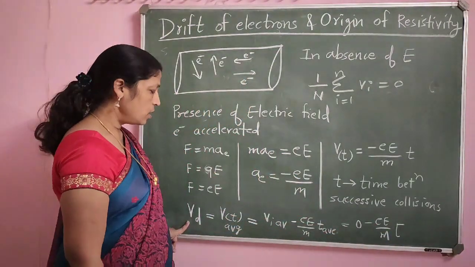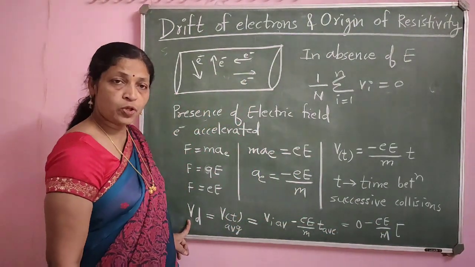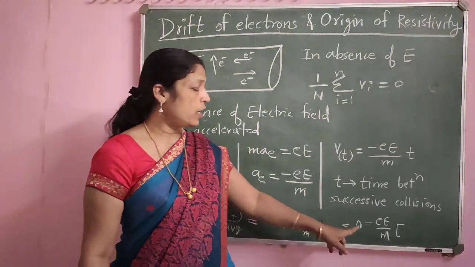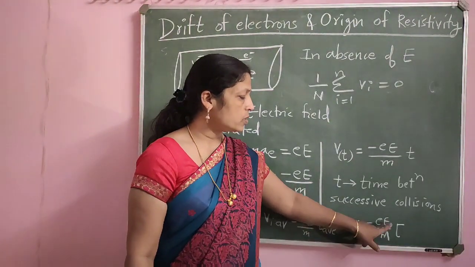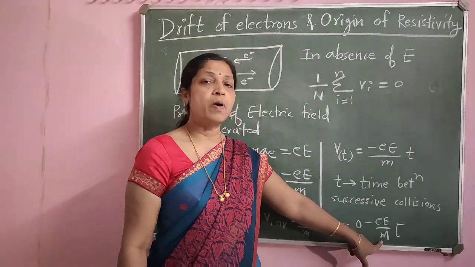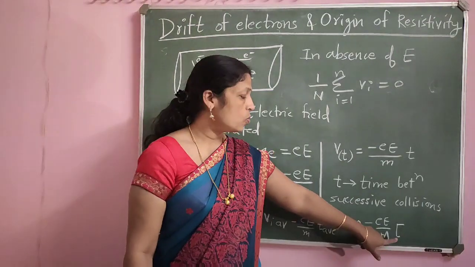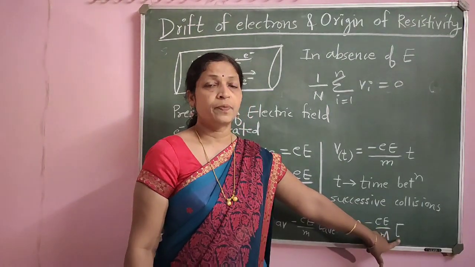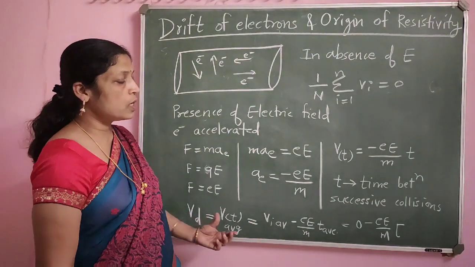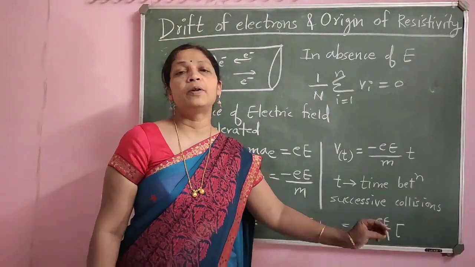So what is Vd? We are getting the drift velocity of the electron in the presence of the external electric field. It is equal to minus eE upon m into tau, where m is the mass of the electron and tau is the relaxation time. This drift velocity, if you see very carefully, is independent of time.